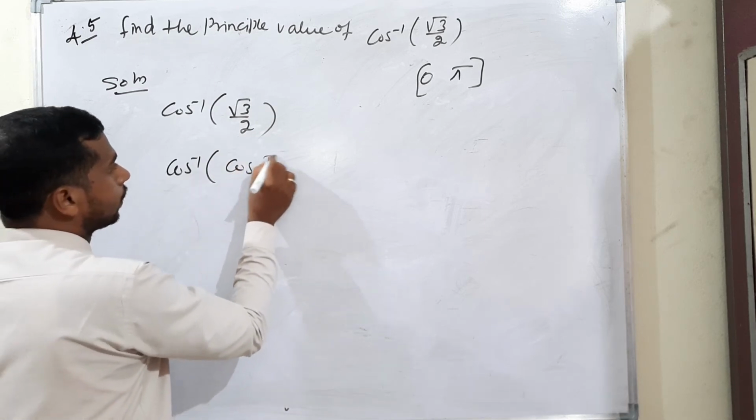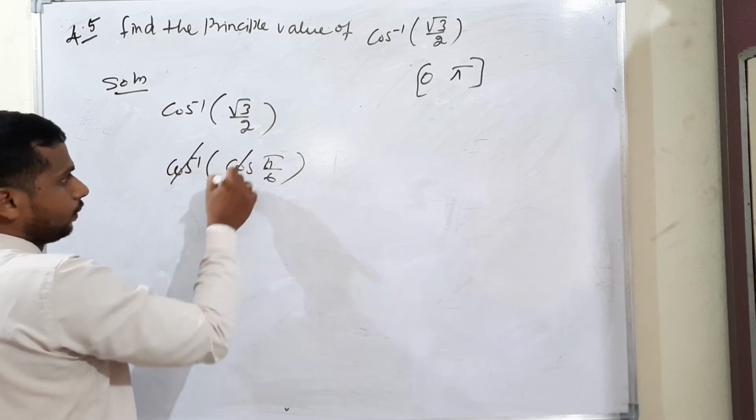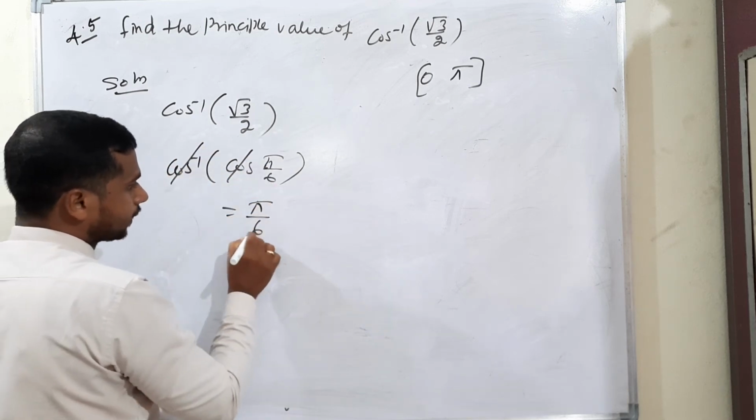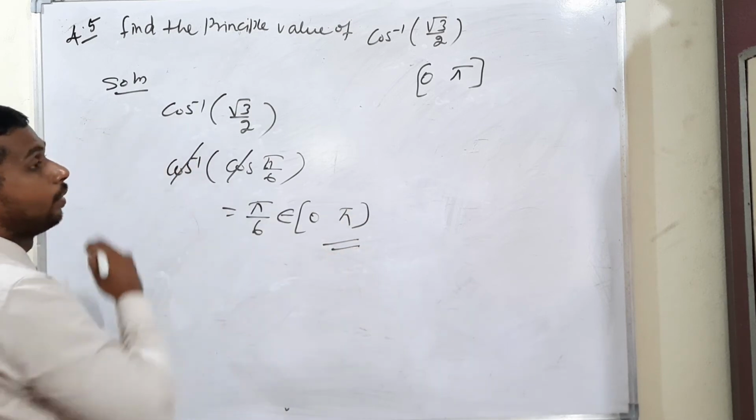So cos inverse cos pi by 6. I told you cos inverse cos cancels, which means pi by 6. It belongs to 0 to pi. This is the answer for example 4.5.